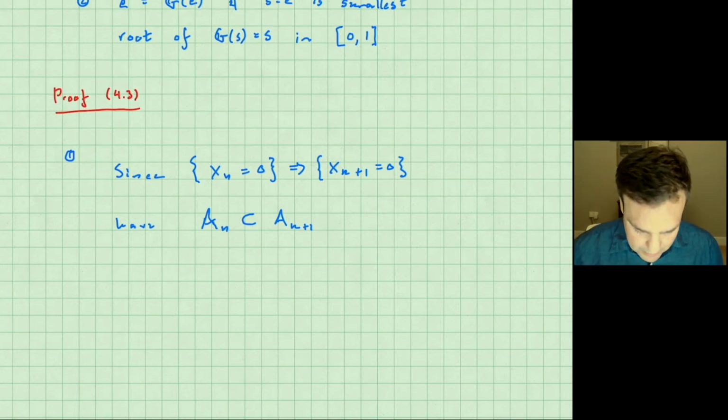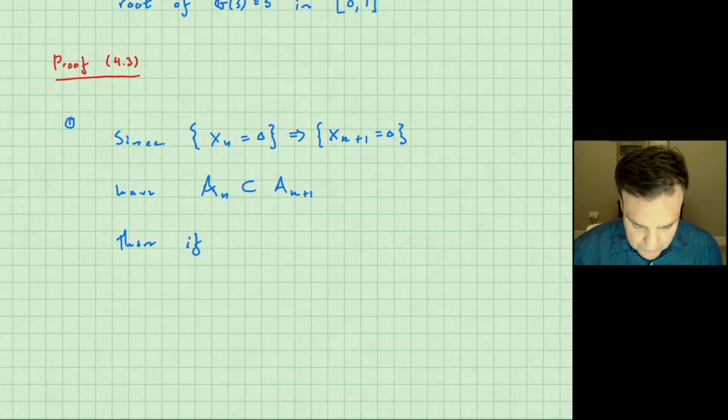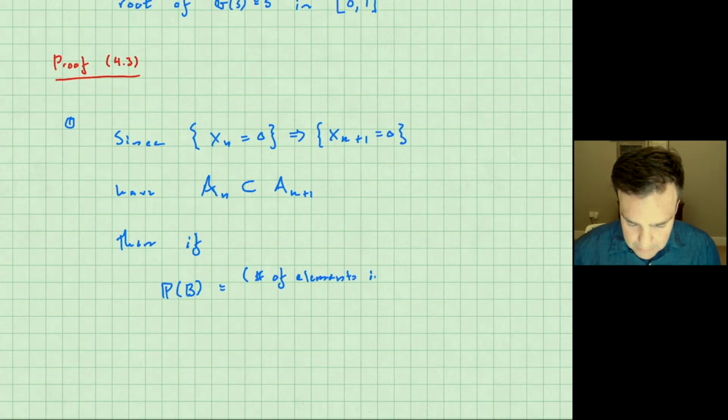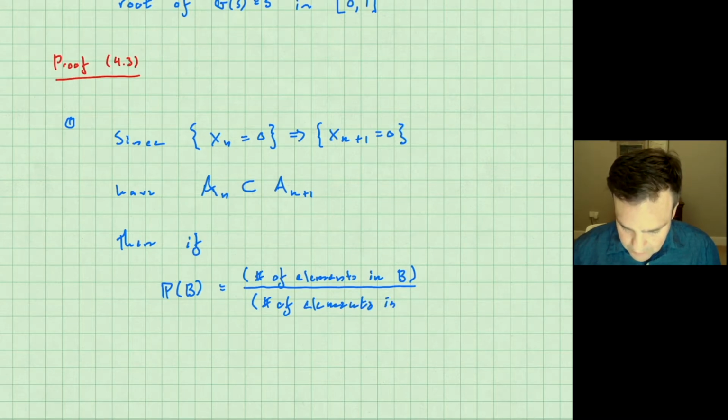Therefore, if we say that the probability of some event B is given by the number of elements in B divided by the number of elements in the sample space. There's shorter ways to write this, of course.